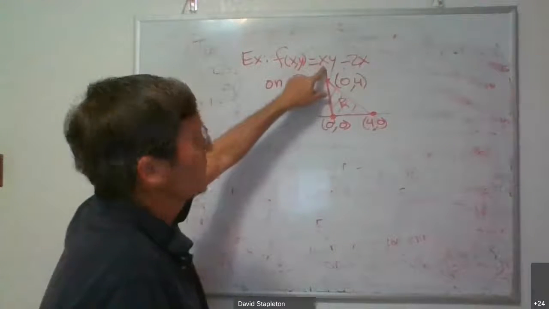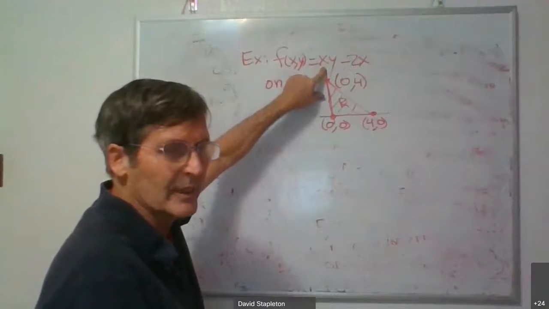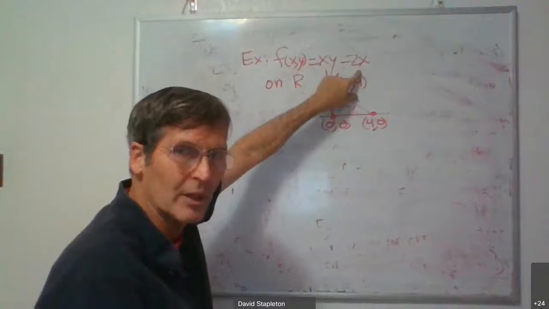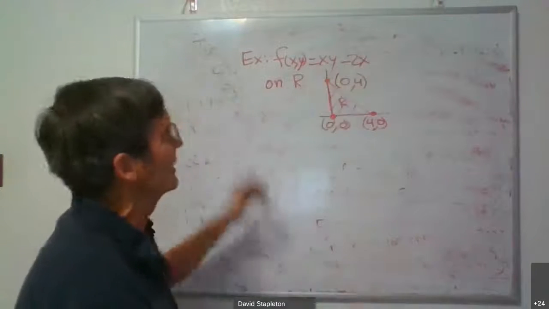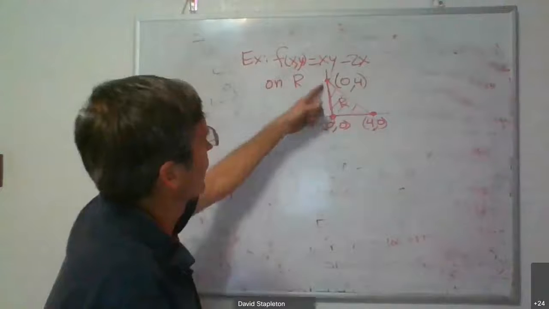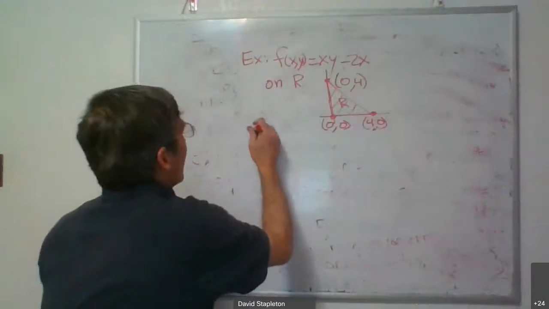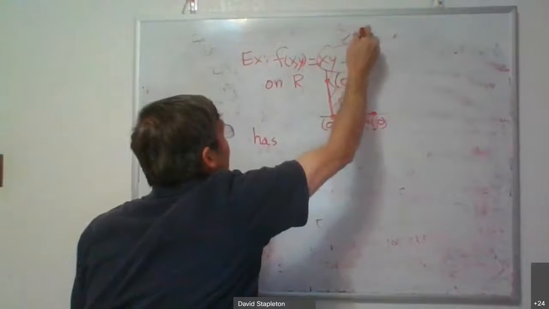So this is a continuous function. How do I know it's continuous? This is one thing you should get out of the course. It's a polynomial in 2 variables, right? Polynomials are all continuous. I know instantly that, and it's over a closed bounded region, I know instantly it will have a global max and min. So continuous.